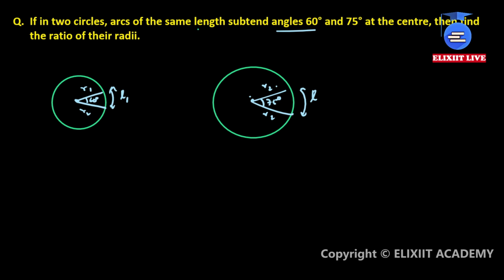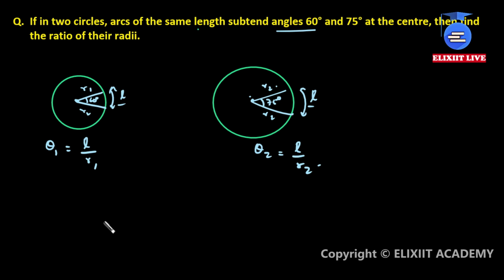If this is L, this is also L. Arc length is the same. We will use this relation for this one. For this one, we will use theta 1, which is L by R1. And for this one, we will use theta 2, which is L by R2.